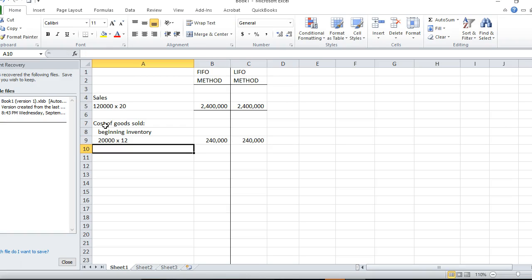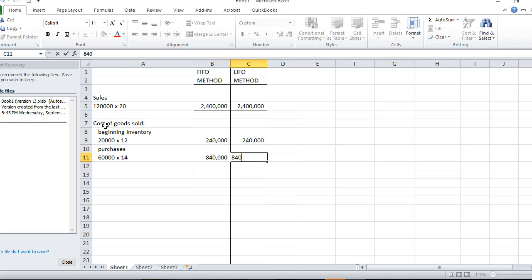Then we had purchases of 60,000 units at $14, which was 840,000. We had 50,000 units at $15, which is 750,000. We had 10,000 units at $15, which was 150,000.